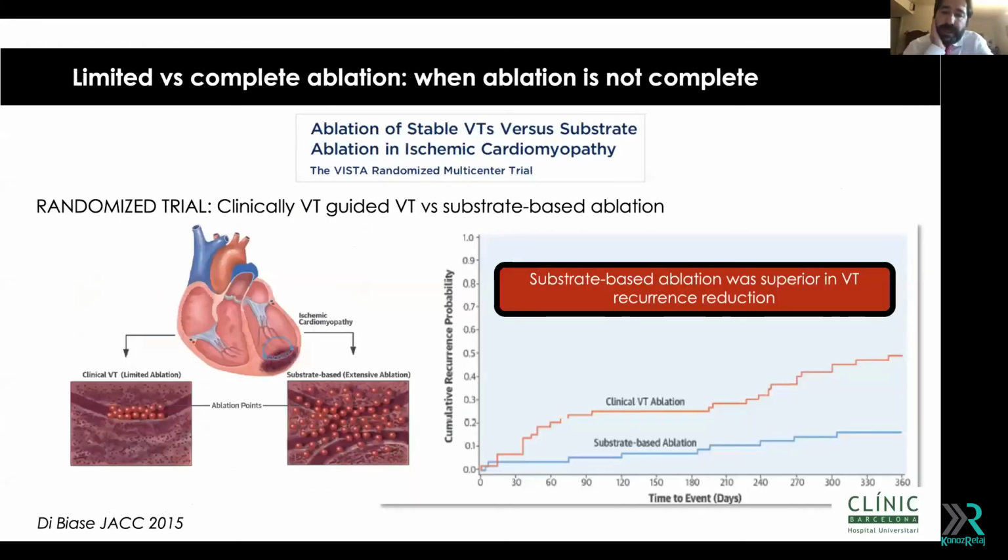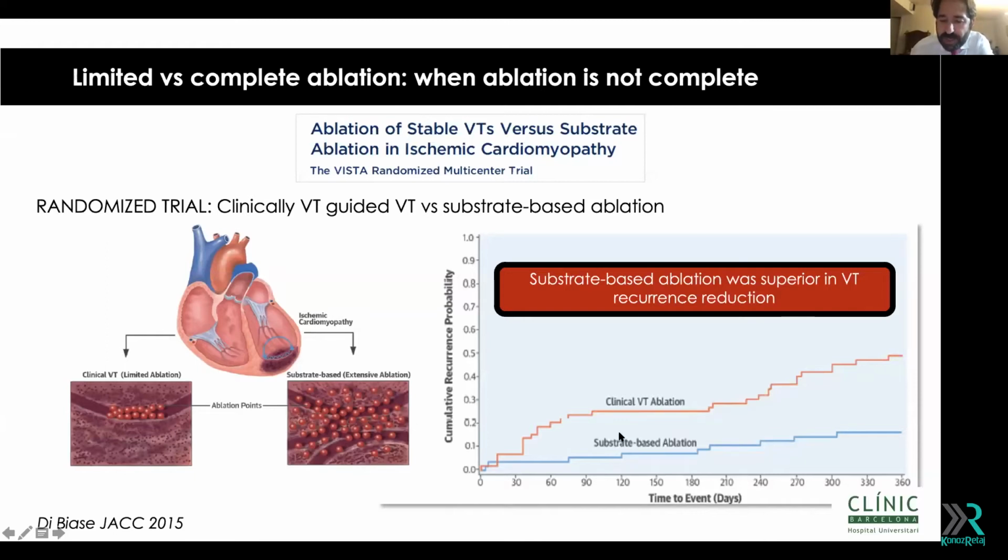And what is the key point to do a good procedure? To know the substrate. As the VISTA trial showed us 5 years ago, the more you ablate, the more chance you have to be successful. So you have to ablate not only the clinical VT, but do the full substrate-based ablation.